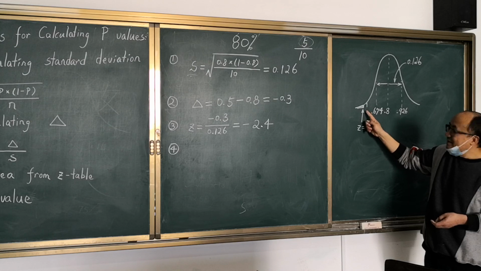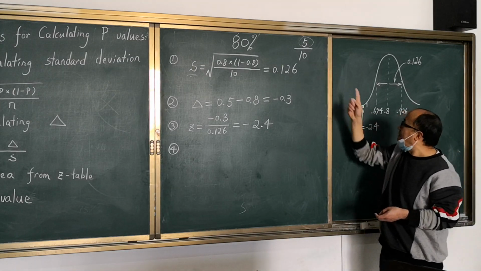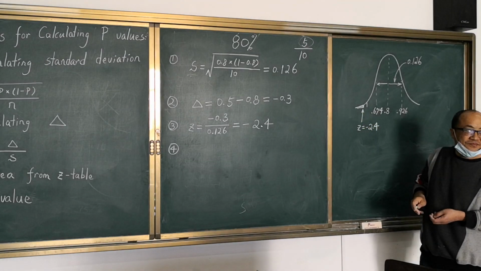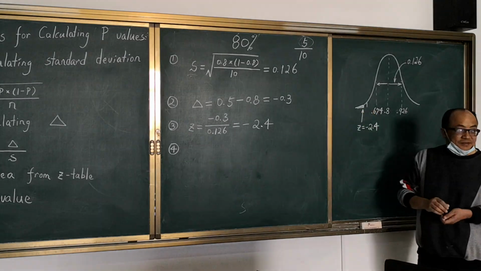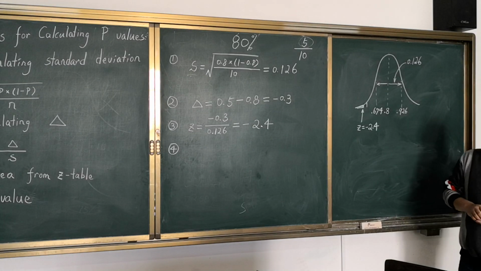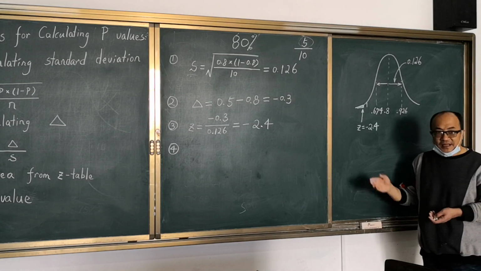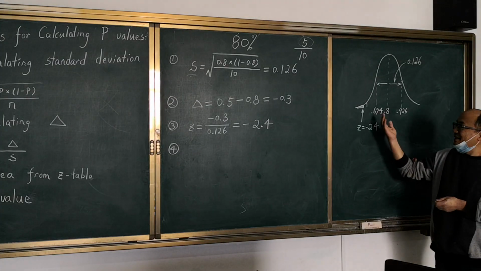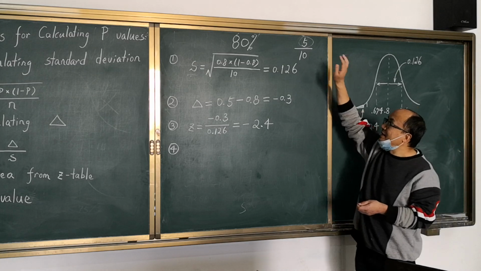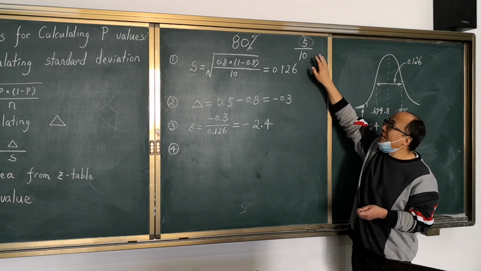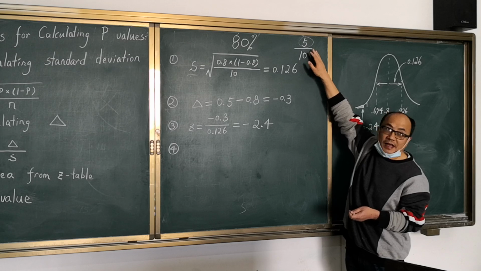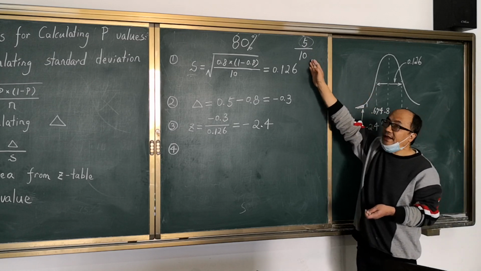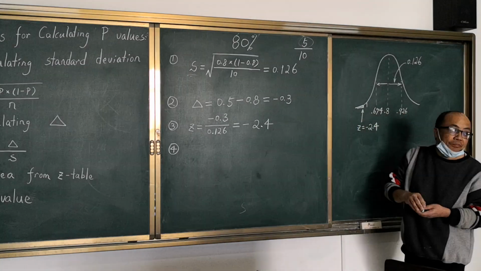Okay? This is his performance, and something even worse. This area means representing the probability he's doing this, or even worse. Maybe he had a 4 out of 10. Everything worse than this, including this one.